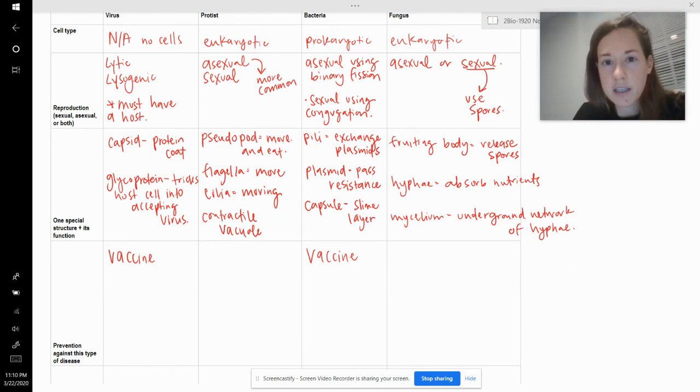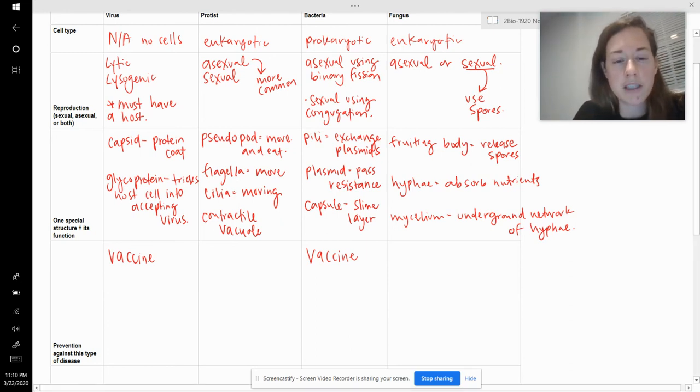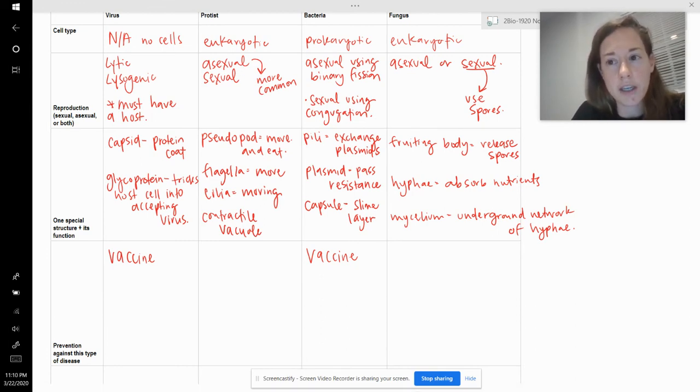Now, the reason that vaccines don't always work is that viruses and bacteria can mutate and actually change, so the training that you gave your immune system isn't perfect, because the pathogen mutated and now is a little bit different. But a vaccine, if there is one for that infection, is the best prevention, typically.